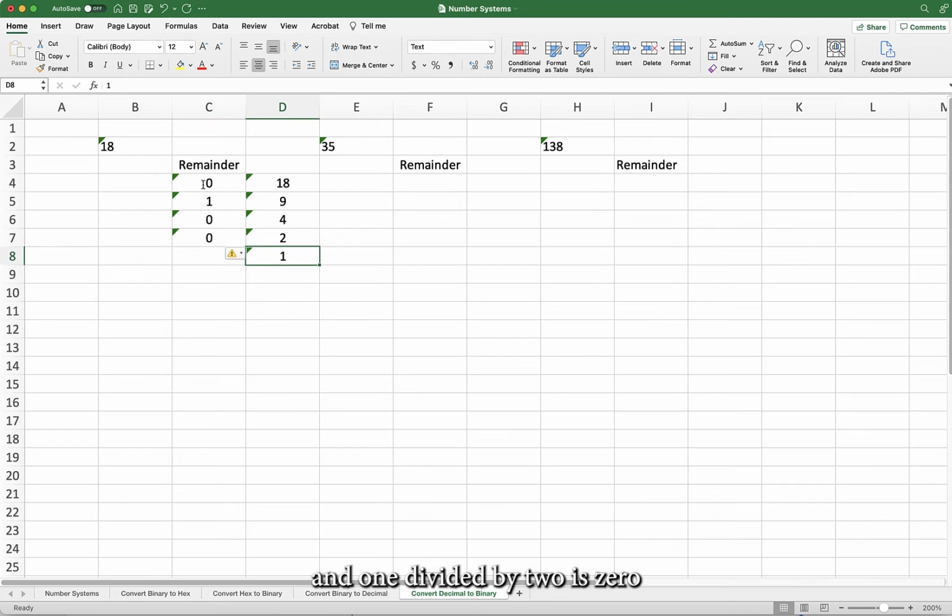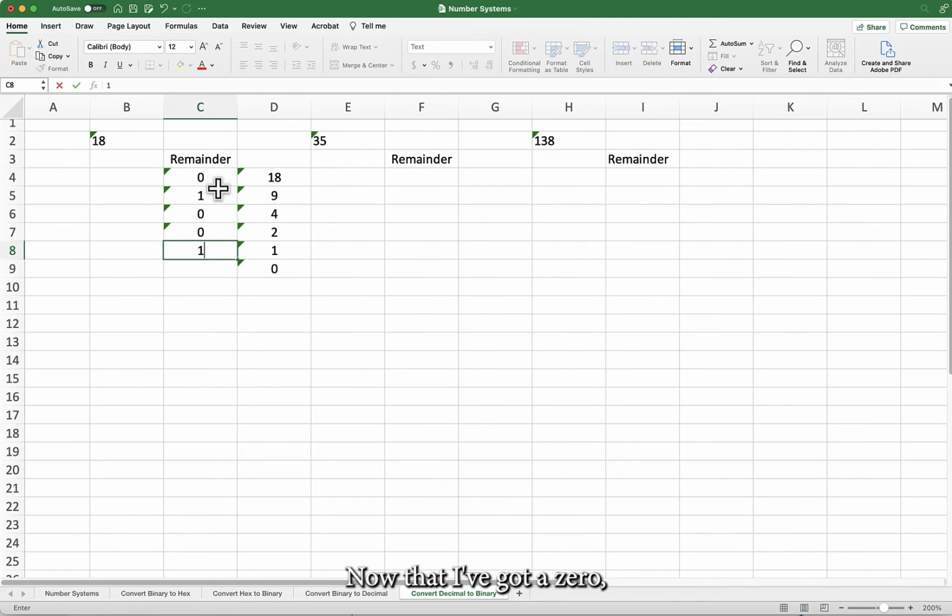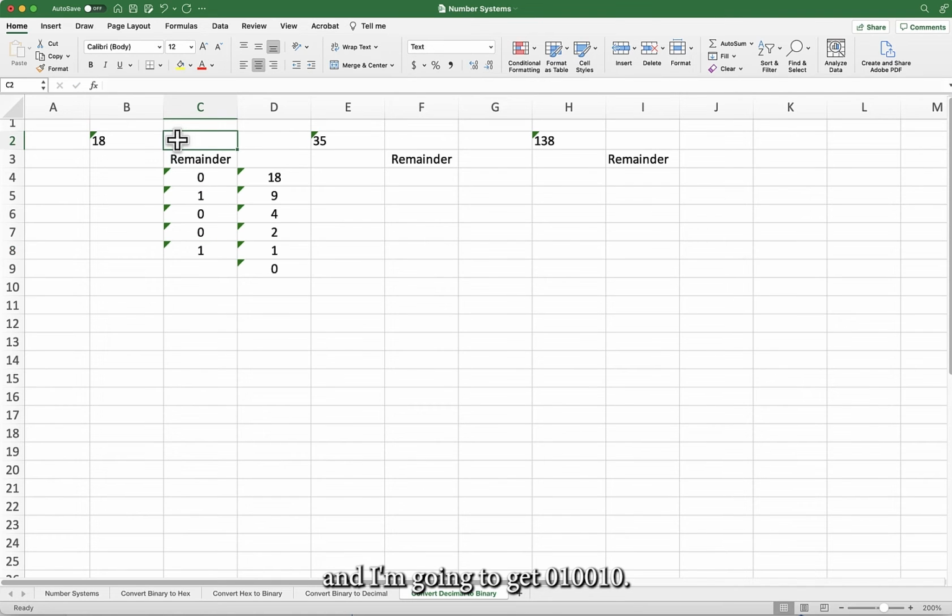And 1 divided by 2 is 0 times 2, remainder 1. Now that I've got a 0, I'm going to read this backwards, and I'm going to get 1, 0, 0, 1, 0.